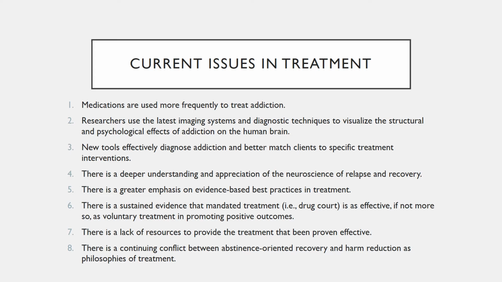And lastly, number 8 is that there is a continuing conflict between abstinence-oriented recovery and harm reduction as philosophies of treatment. So of course, a lot of treatment and recovery programs are really emphasizing abstinence and remaining sober, but we're also seeing the importance of what harm reduction programs can do.